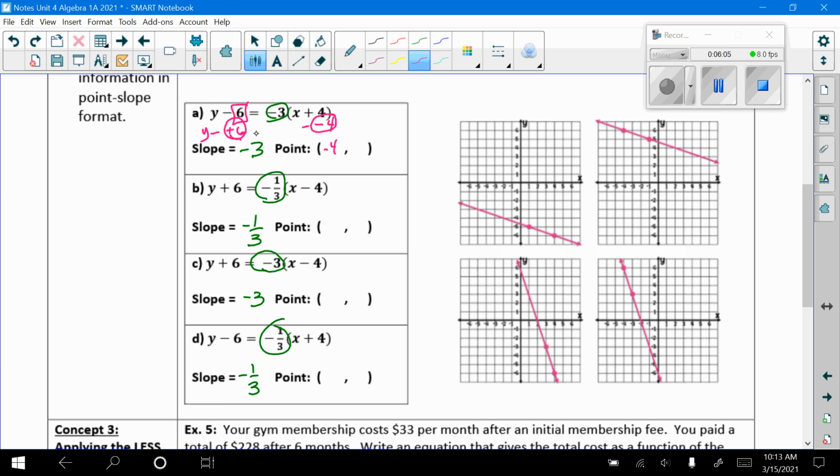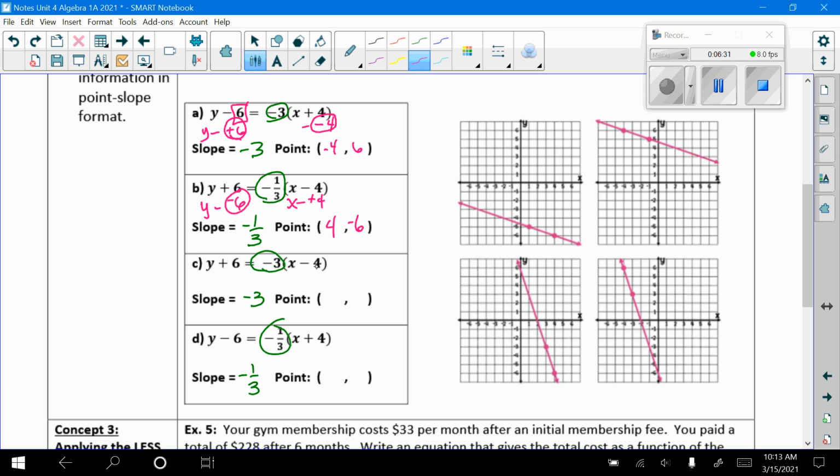So it's the 6. This next one, it's a +6 on the y, and it's a negative here. So here I've got x is actually x minus 4. So my x value is a 4. Here it's a y minus, so it's going to be the -6. So it's actually a -6 on this one.